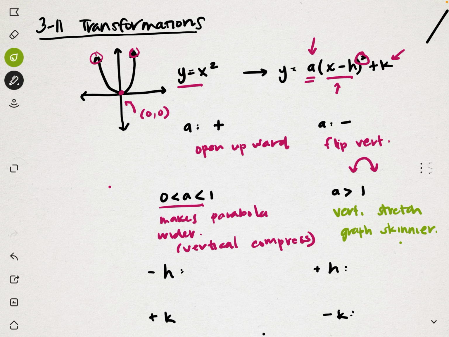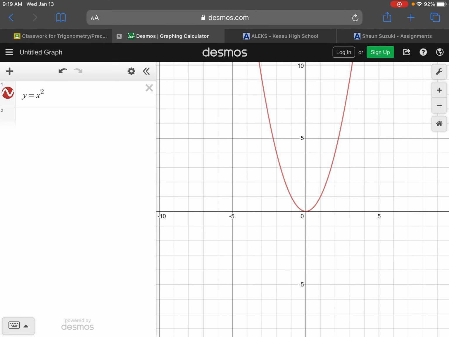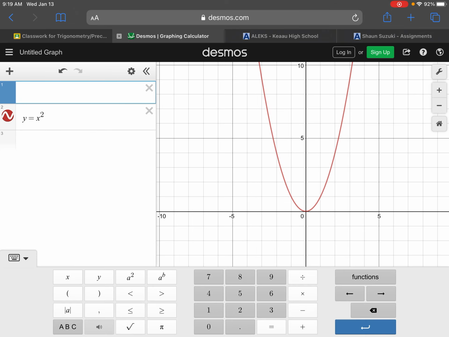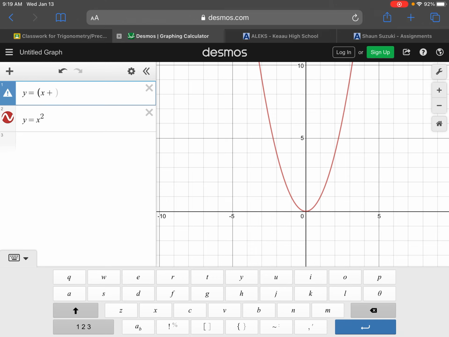All right, and then the h stuff, the inside. Let's do another graph here. Let's get rid of this. Let's say y equals, and we'll put the parentheses, x minus h, squared. Oh, sorry, x minus h is the format.